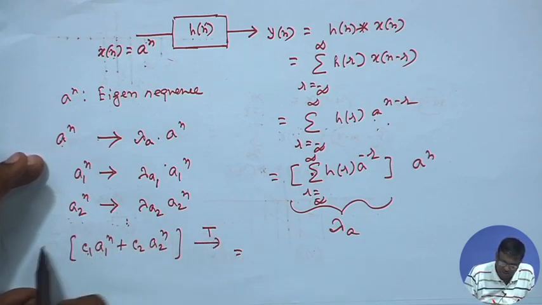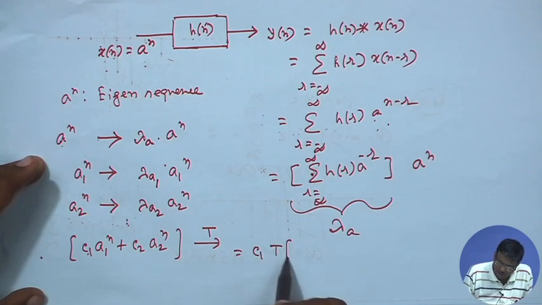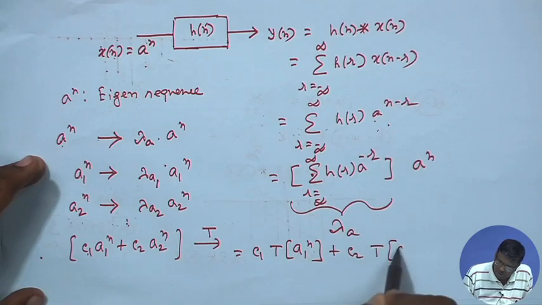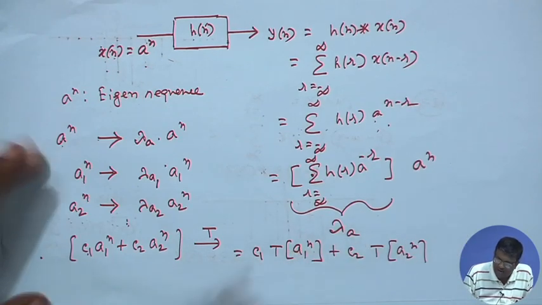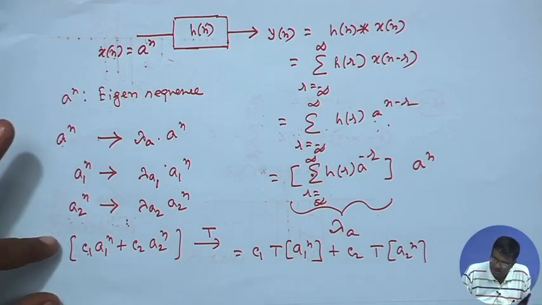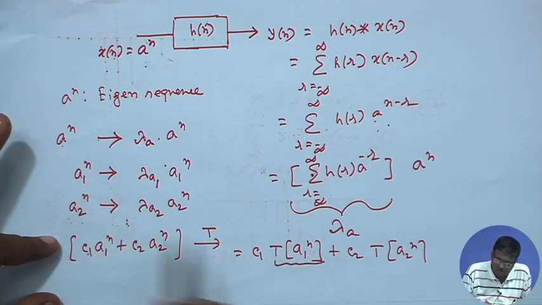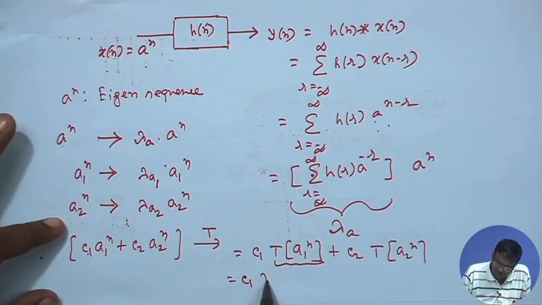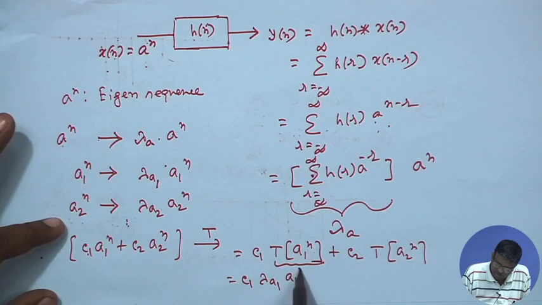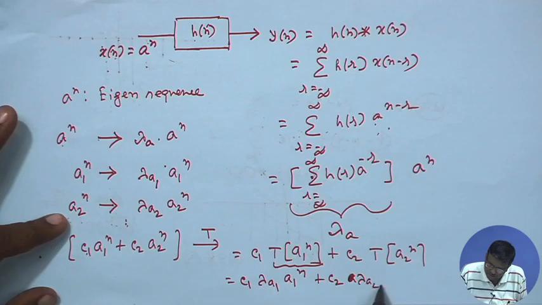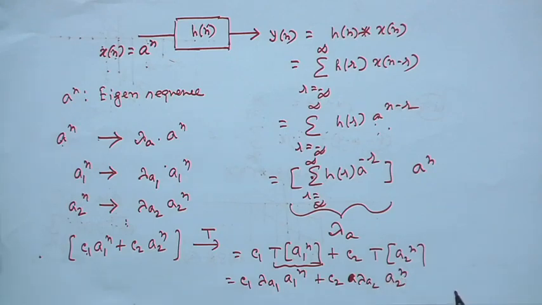C1 can go out, T working on a1 to the power n, and C2 can go out, T working on a2 to the power n, and the two responses will be added. I know what this response is, because this is an eigen function. So, I can directly put C1 lambda a1 to the power n plus C2 lambda a2 to the power n. This is a big advantage.